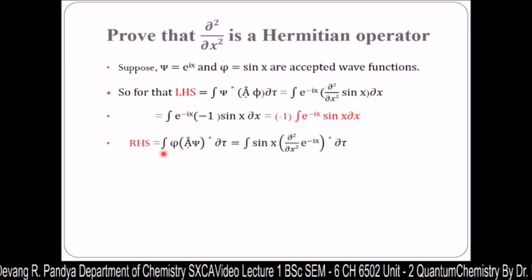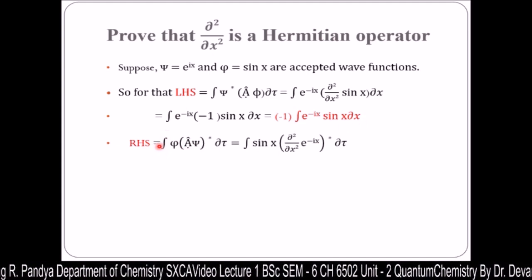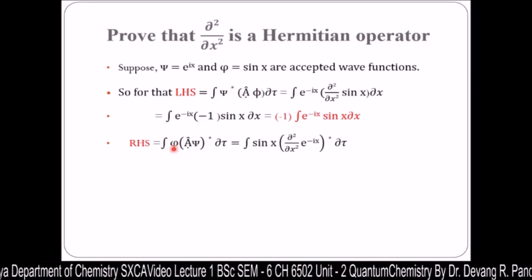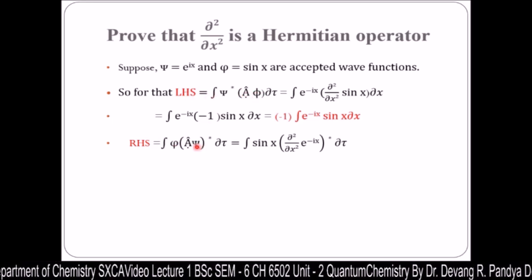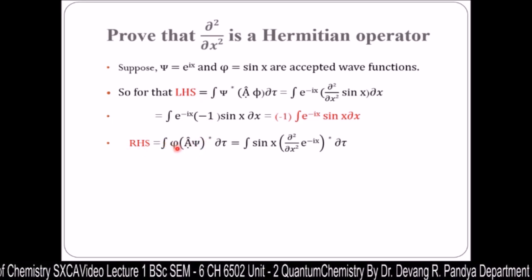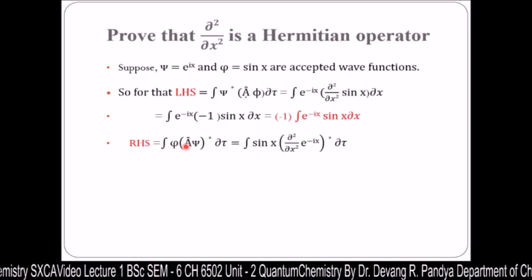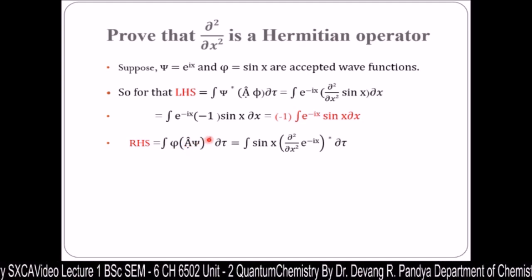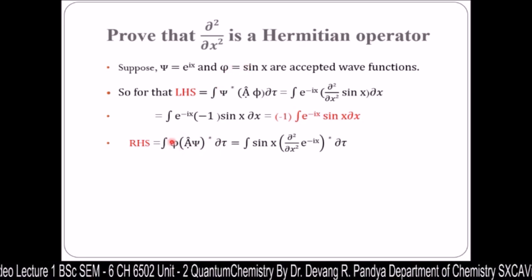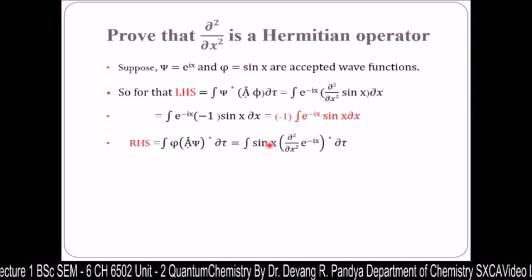Now let's take the right hand side. In the right hand side, phi will come out of the operation and psi star will go inside the operation. So right hand side is integration phi, operator A, psi complex conjugate, d tau. Let's put the value of phi, that is sin x.